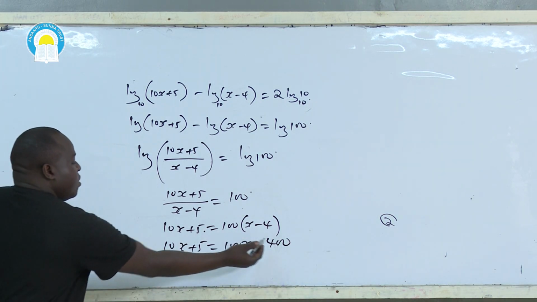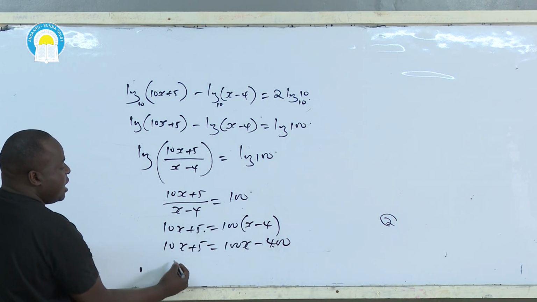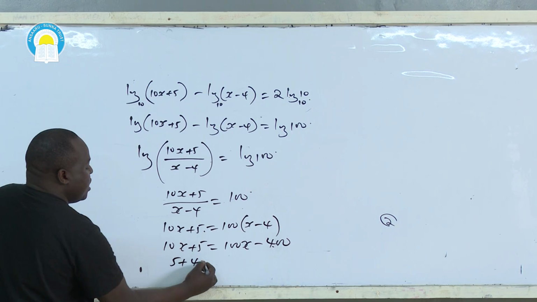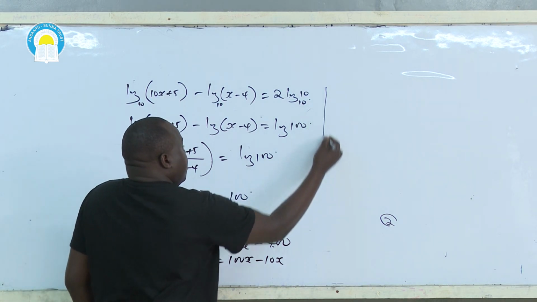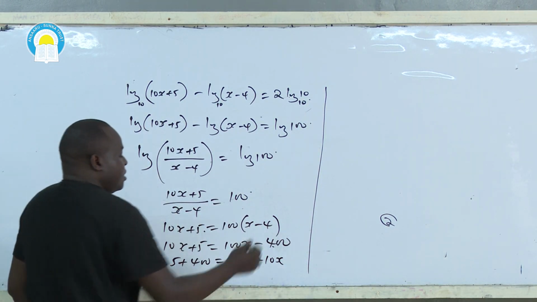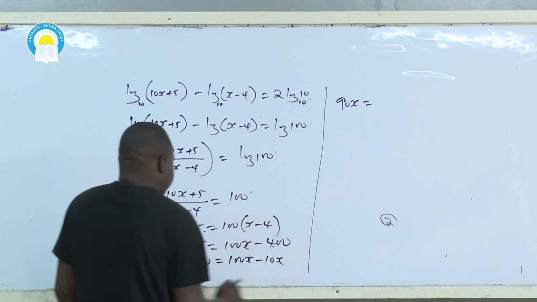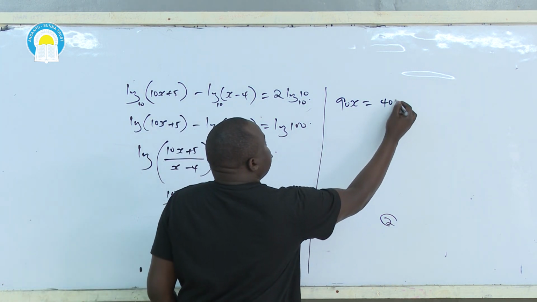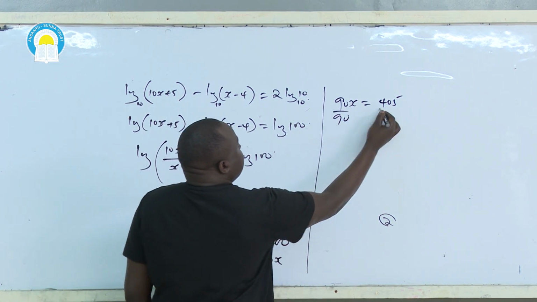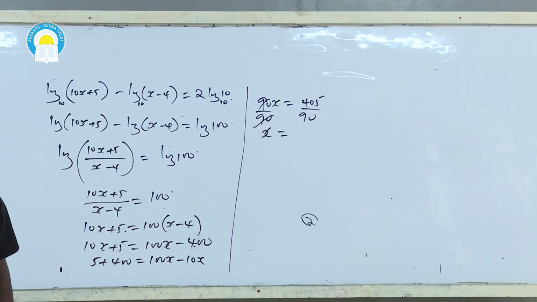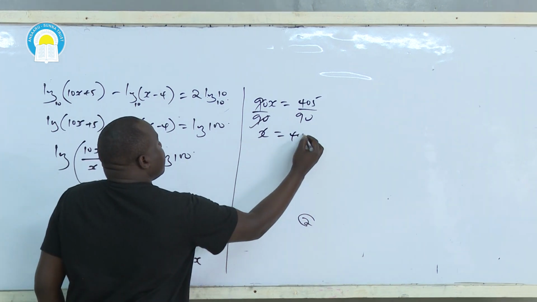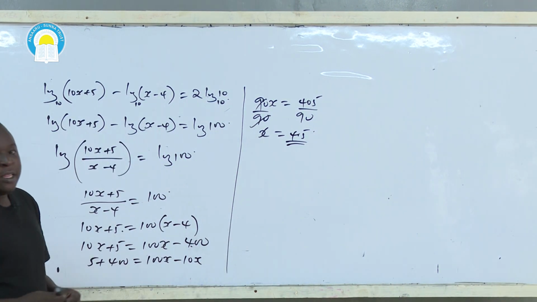Collecting like terms, 400 on this side, 10x on the other side, I'll have 5 + 400 equals 100x - 10x. 100x - 10x is the same as 90x, and this added gives you 405. So when you divide this, the answer should be 4.5. That is it. The next example.